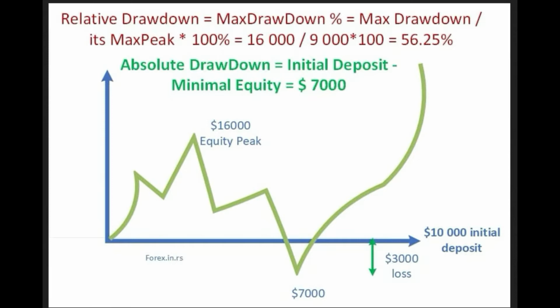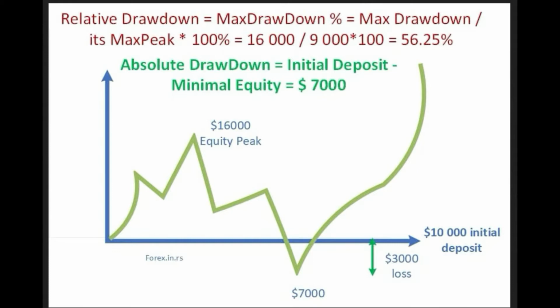Equity peak was $16,000, and the ratio between those two numbers is 56.25%. And this is the relative drawdown. Relative drawdown is not so important. We can see it in some statement reports. It's good to know. It's just another thing to represent maximum drawdown.